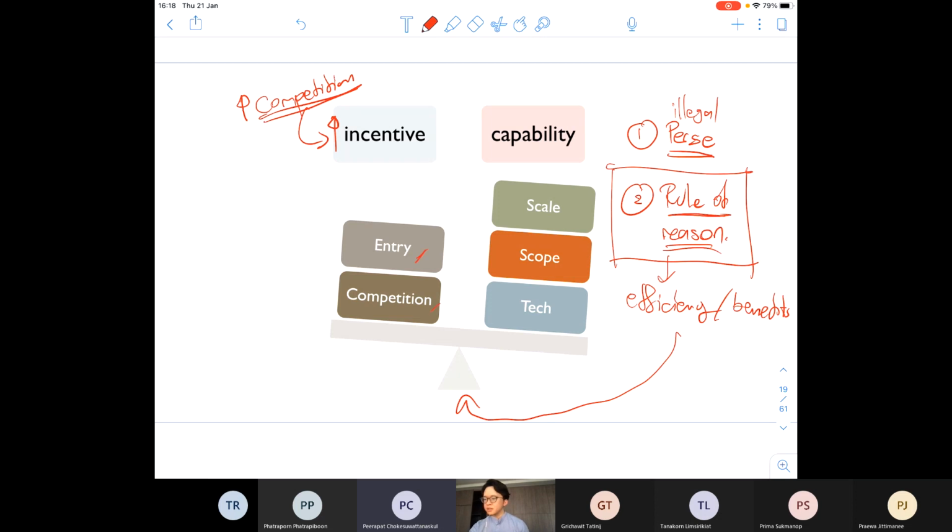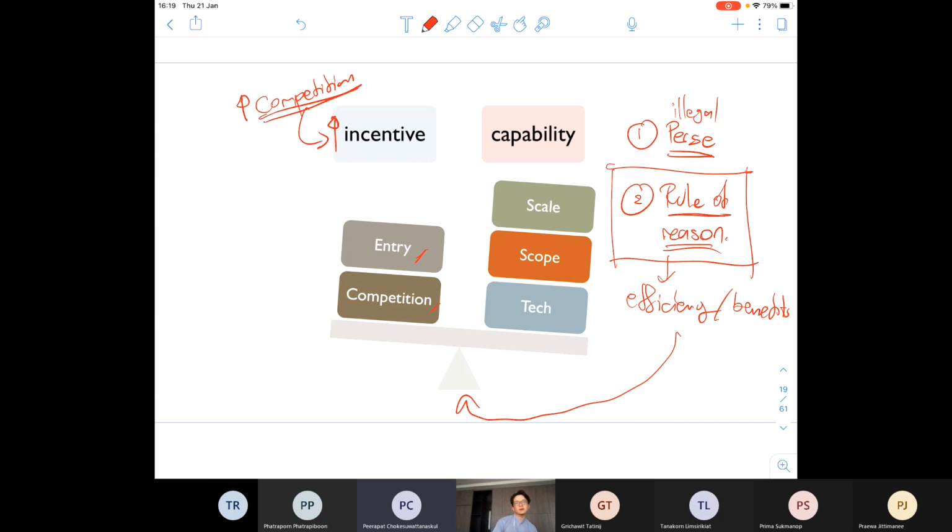And that could come from entry or competition. Even though I am the only player in the market, or suppose that I am just one of three players in the market, and the other firms are probably not that active in terms of competition, I know that if I'm shirking, some other firms would just enter the market and compete against me, because market entry is very easy, right?